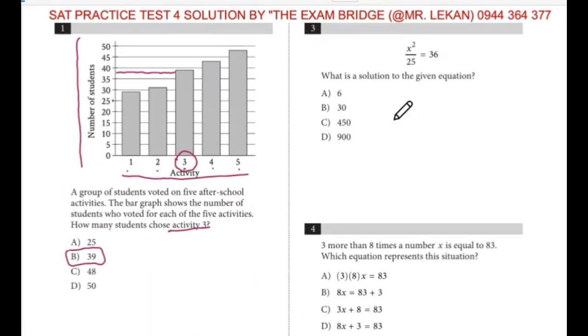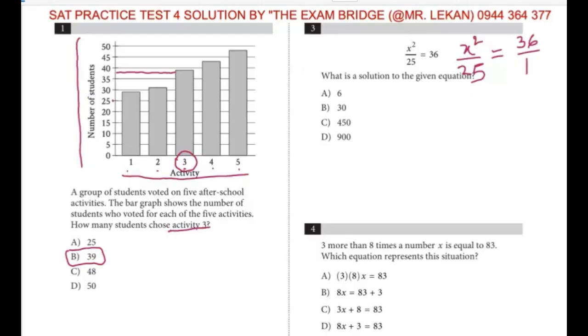Question number 3 is x squared over 25 is equal to 36. Now we can rewrite this as x squared over 25 is equal to 36 over 1, because this will still give me 36.